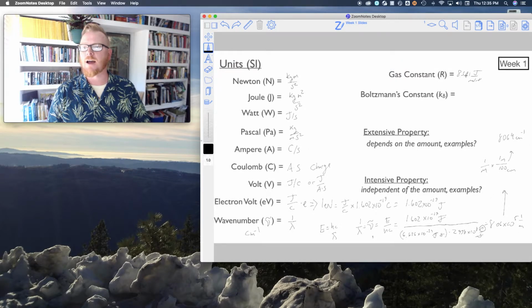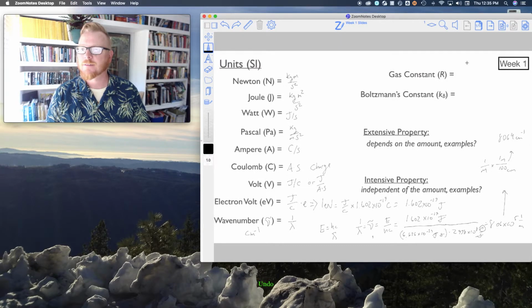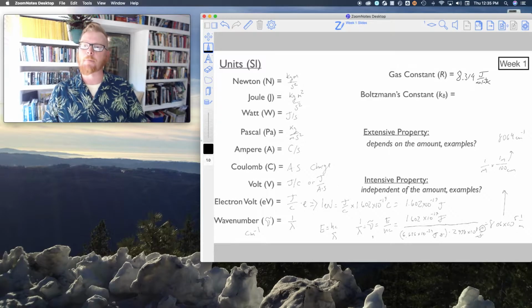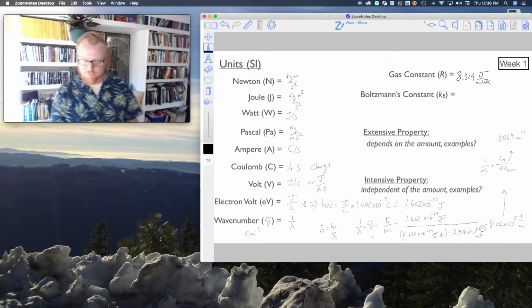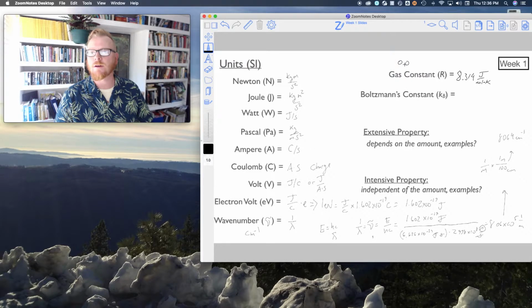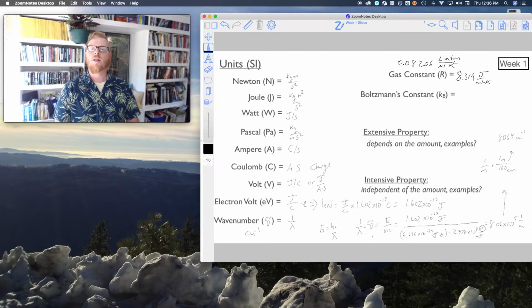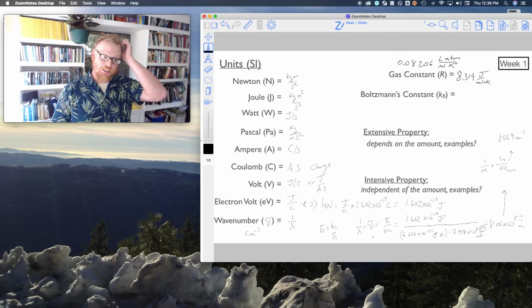Let's try again. 8.314 joule per mole K. And you know the other flavor as 0.08206 liter atmosphere per mole Kelvin.